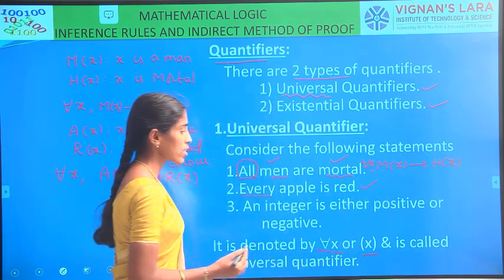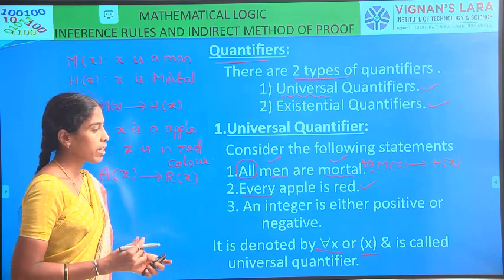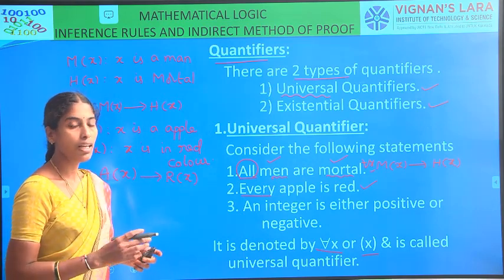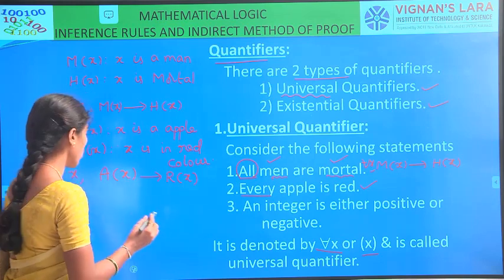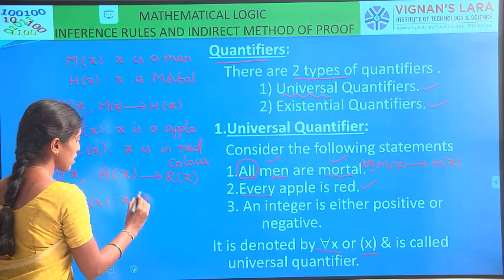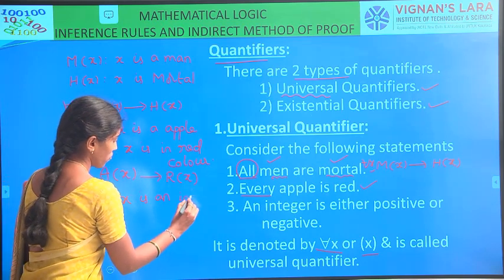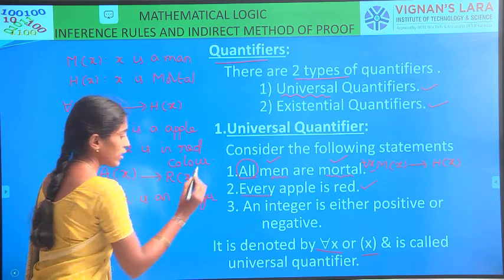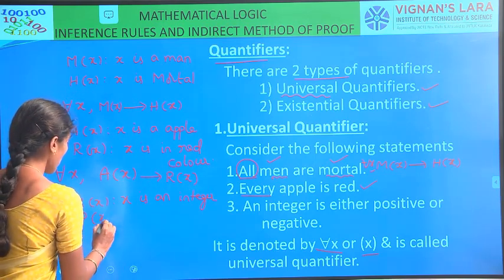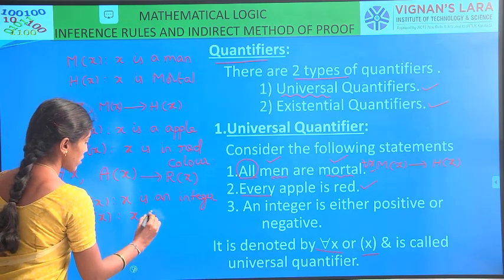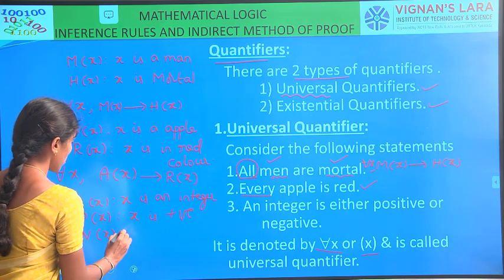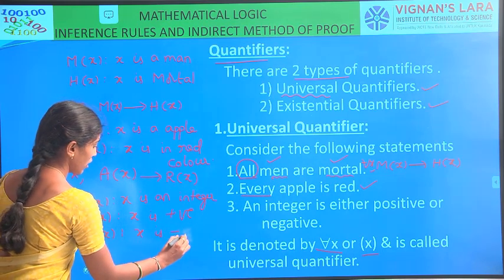Next, coming to the third example: an integer is either positive or negative. Whenever an integer is there, it is positive or negative. So z of x means x is an integer, p of x means x is positive, and n of x means x is negative.